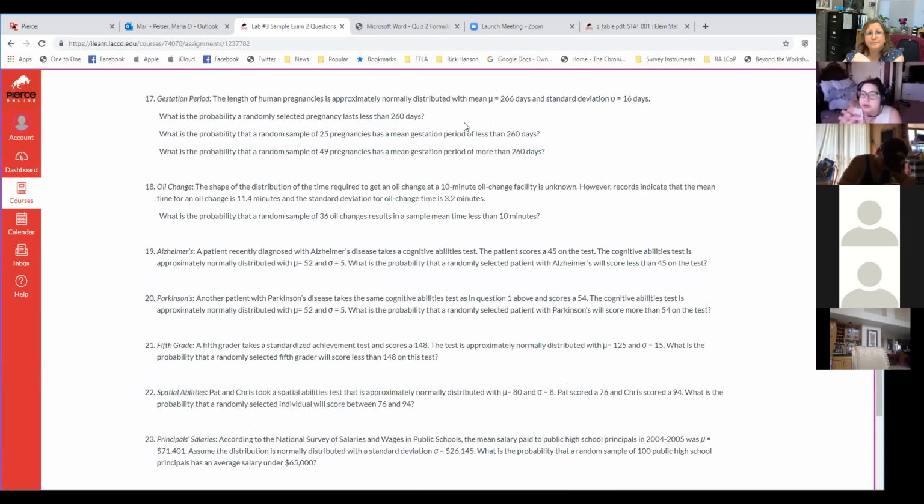Yeah, the gestation period, the random sample. So this is your normal Z. You have to figure out what the Z score is, and you're going to use X minus mu divided by sigma. And this one is where, because we're dealing with a random sample, for the last two, you have to figure out your standard error of the mean, your SEM.